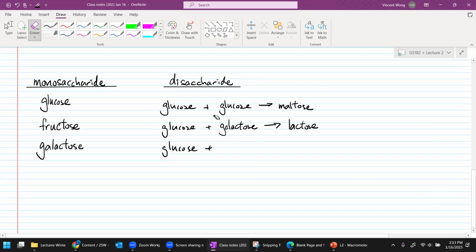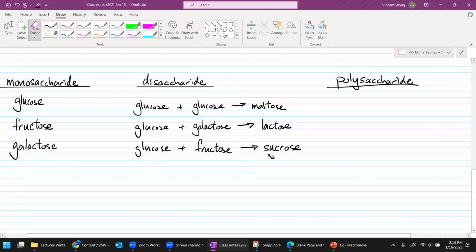And the last one, and that gives sucrose, right? Sucrose. Shu and then rose, right? So it is SH.